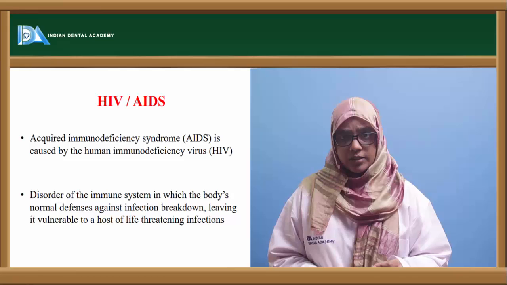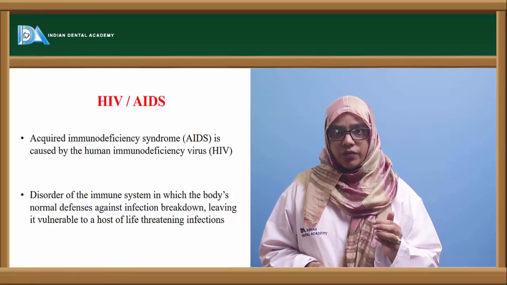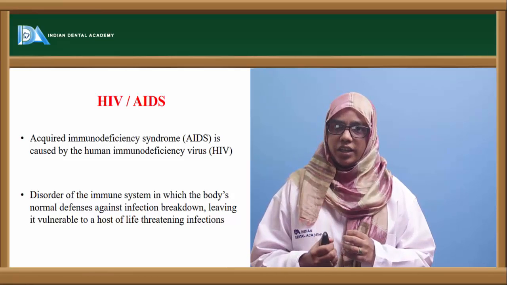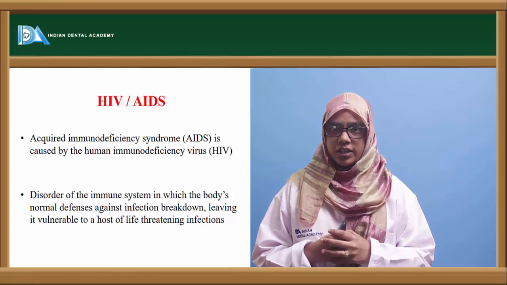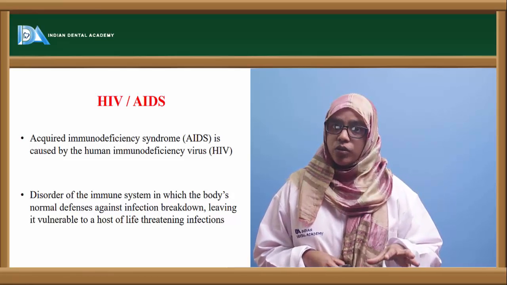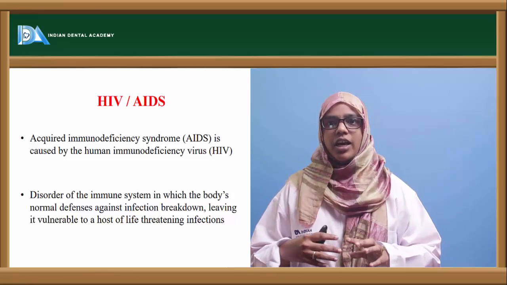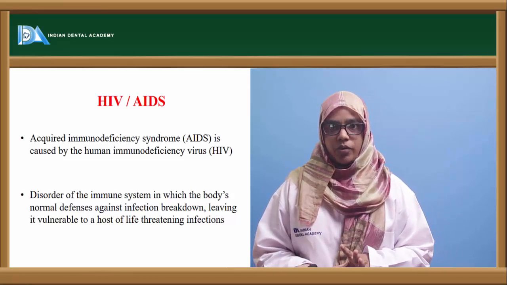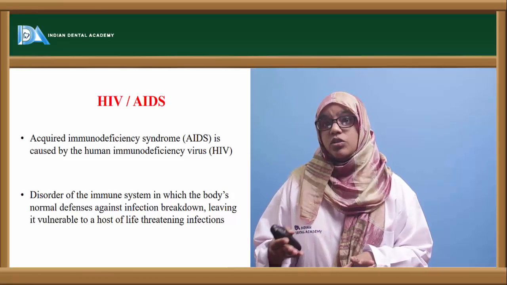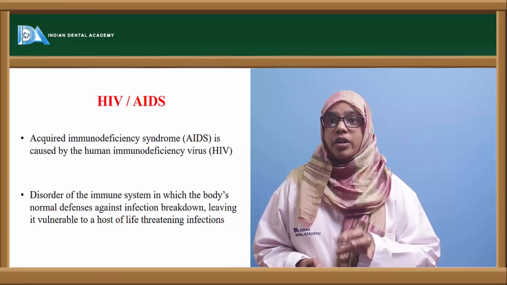Like any other infection, once infection occurs, the body tries to fight against it and develops antibody against it. It not only eliminates the infection but also remembers it, so that if this infection occurs next time, it has a more elaborate response. But this doesn't happen in the case of HIV. HIV acts on CD4 helper lymphocytes.